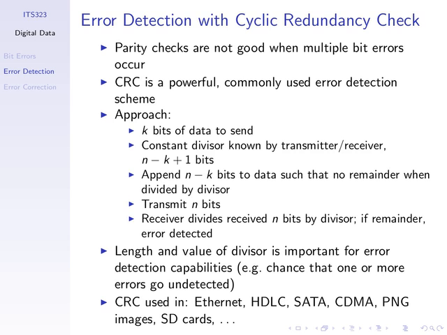If there were no errors on our link, what would my throughput be? So keep going. 7 over 8 times 8 would be 7 megabits per second.